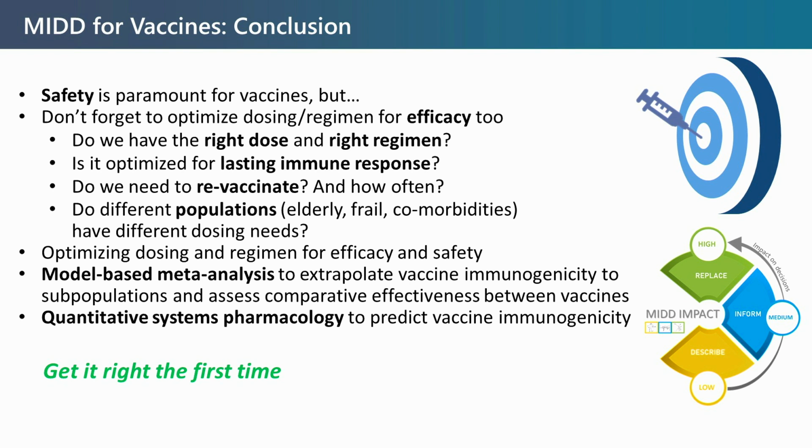Quantitative system pharmacology approaches established for unwarranted immunogenicity of biologics can be repurposed to predict warranted immunogenicity response of novel vaccines and describe the mechanism of novel vaccine platforms.